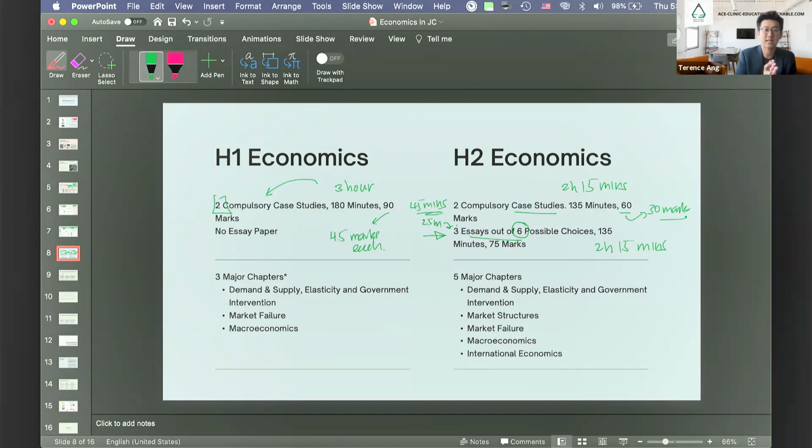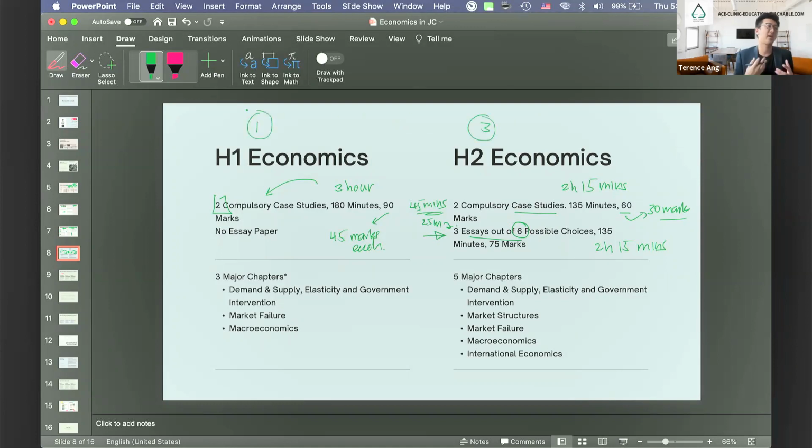Now, here lies the problem, right? In our view, in my view, why I say a lot to a lot of my parents and students is H1 econs is not a very worth it H1 to take because it doesn't make your life easy enough, right? So for those of you considering H1s, typically, you know, because you have 3 H2s and then you want to do 1 H1, right?